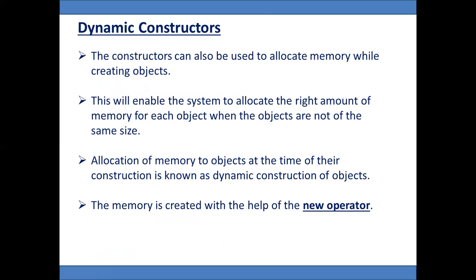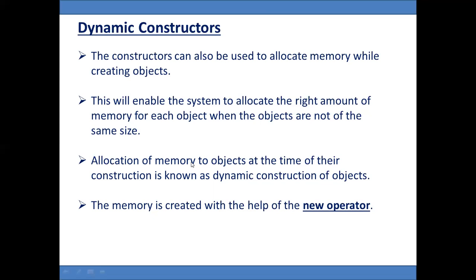Next one, dynamic constructors. The constructors can also be used to allocate memory while creating objects. This will enable the system to allocate the right amount of memory for each object when the objects are not of the same size.